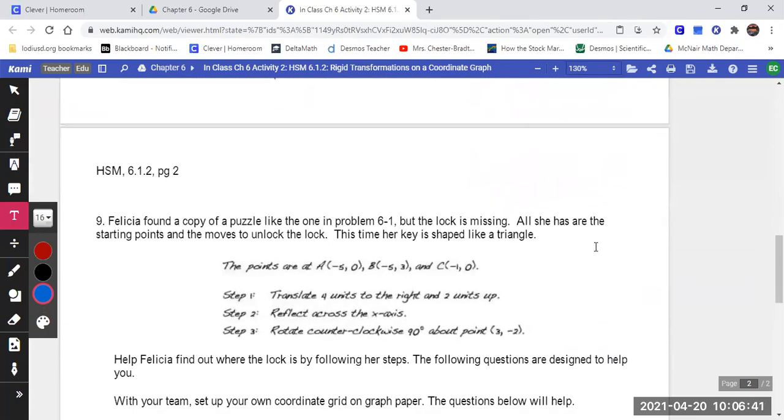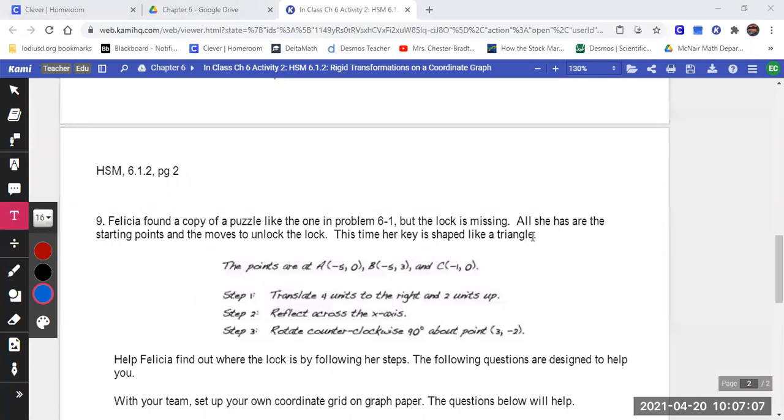Okay, now it says Felicia found a copy of a puzzle like the one from the lock and key, right? But the lock is missing. All she has is the starting point and the moves that the key took.